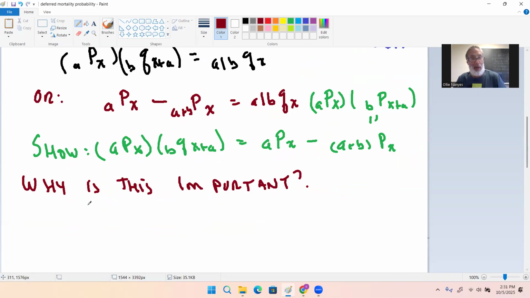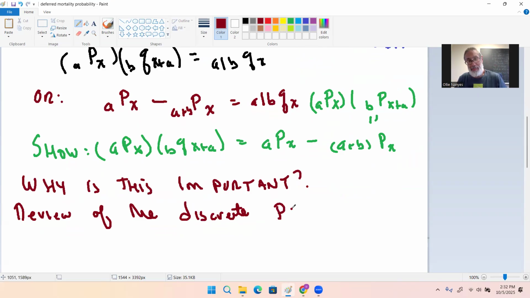But let's do a very quick review of probability, a review of discrete probability density function.